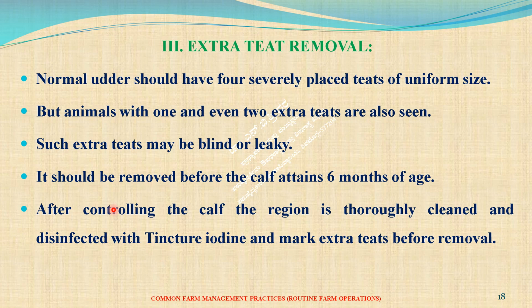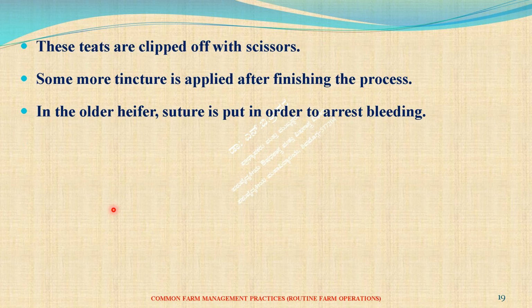One should take care that normal teeth, which look like the rudimentary teeth, should never be removed. The teeth are clipped off with scissors, sometimes blunt scissors, and before removing, lignocaine about 5 to 10 ml has to be administered below the teeth, and some more tincture is applied after finishing the process. In older heifers, a suture is put in order to arrest bleeding.